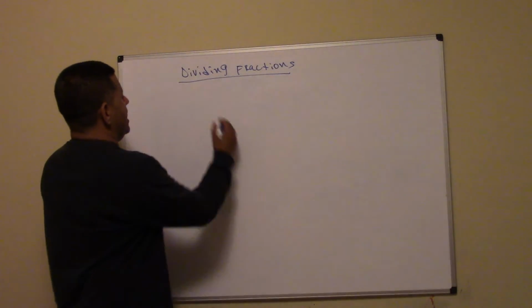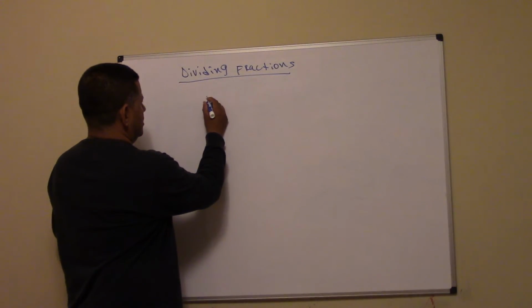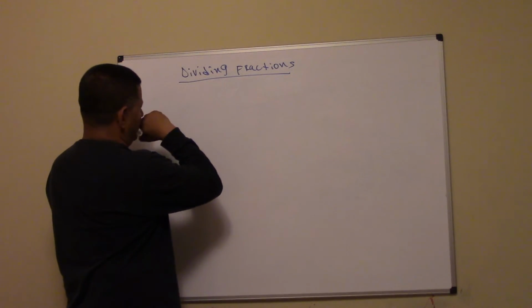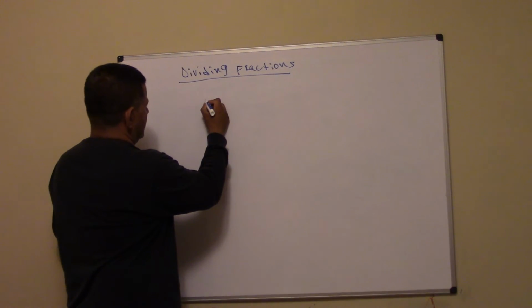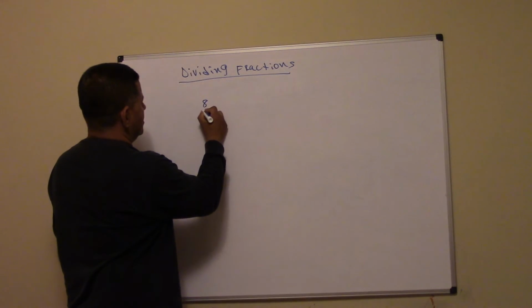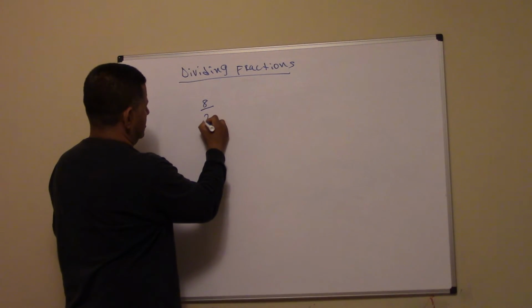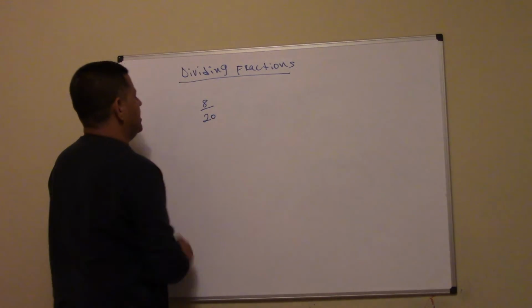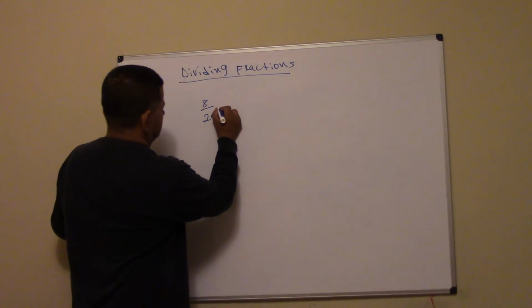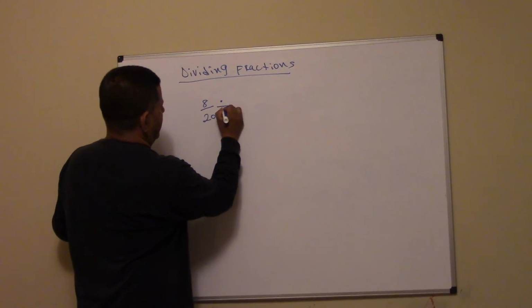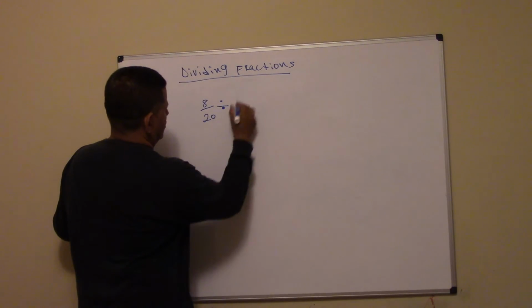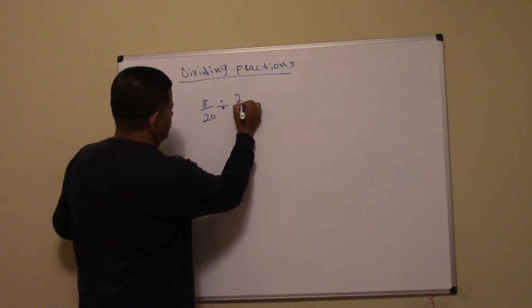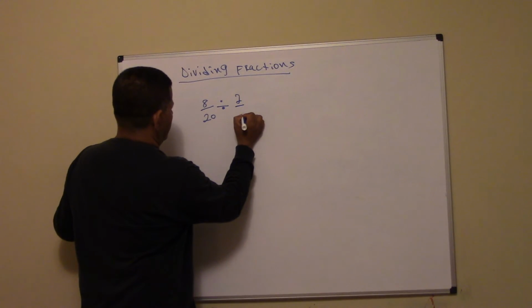Let's say that you have 8 over 20 divided by 2 over 10.